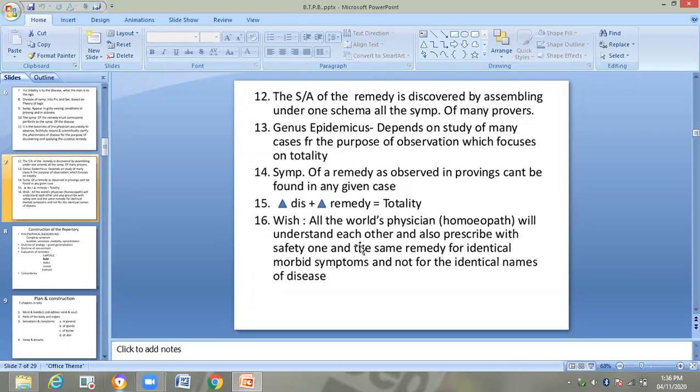As I told, there is no direct pathological relation between the chief complaint and this symptom, and so the value of these symptoms will get increased. They will help very much to find out the individuality of the patient. In this way, these symptoms are very much useful and helpful to find out the exact simillimum as well as to individualize the remedy, to individualize the person as well as the remedy.